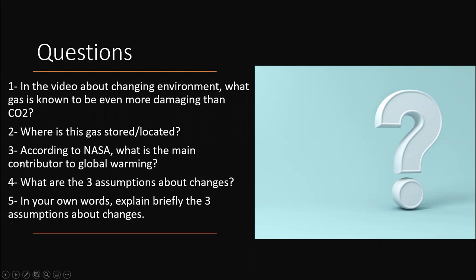According to NASA, what is the main contributor to global warming? Fairly simple. Maybe a bit of reading, but you'll find it easy. What are the 3 assumptions about the changes? In your own words, explain briefly the 3 assumptions about changes. So that's easy, easy peasy, or should be anyway. If you're not sure, just go back, look in the video, and you'll be knowing.